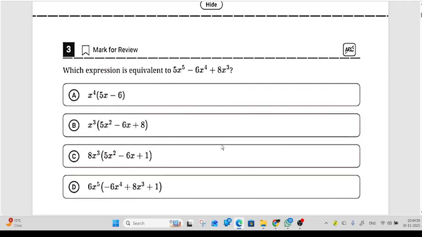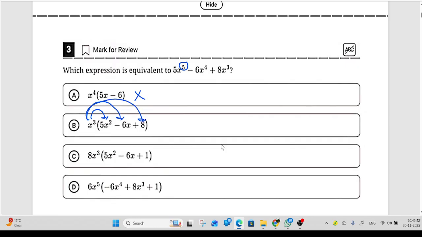So this is our next question. Which expression is equivalent to this? So let's see. If we look at our options, if we multiply this one, because we have x to the power 5, we need 5x to the power 5. Here we don't have three terms, so this is not going to be our answer. We can exclude it. If you check the second one and multiply this with the first term, because when we open our parenthesis, we need to multiply this with this and then this.